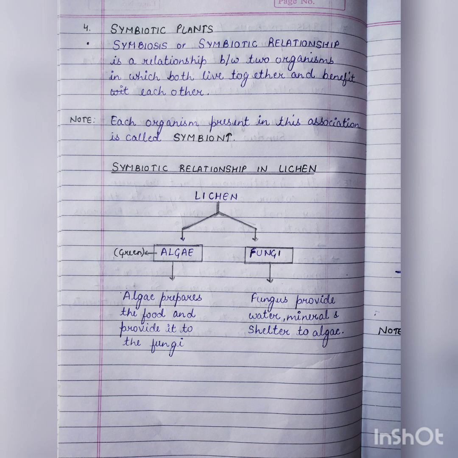For example, in lichen there are two components, algae and fungi. Algae are green in color, so they prepare food and provide it to fungi. On the other hand, fungi provide water, minerals and shelter to algae. In this way, algae and fungi both are benefiting each other, and this is symbiotic relationship in lichen.